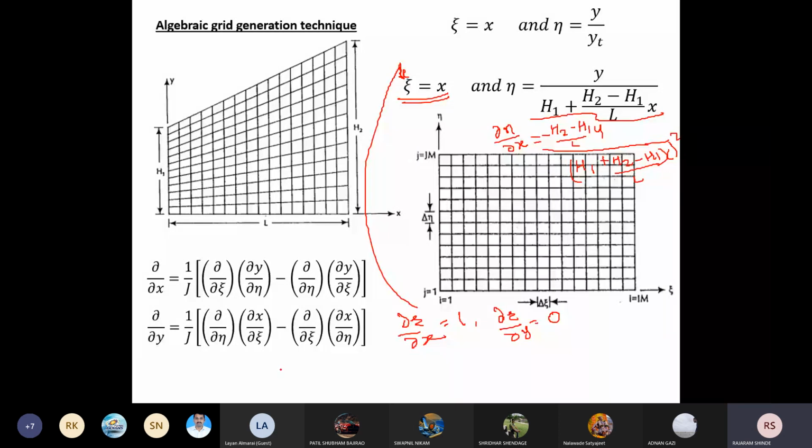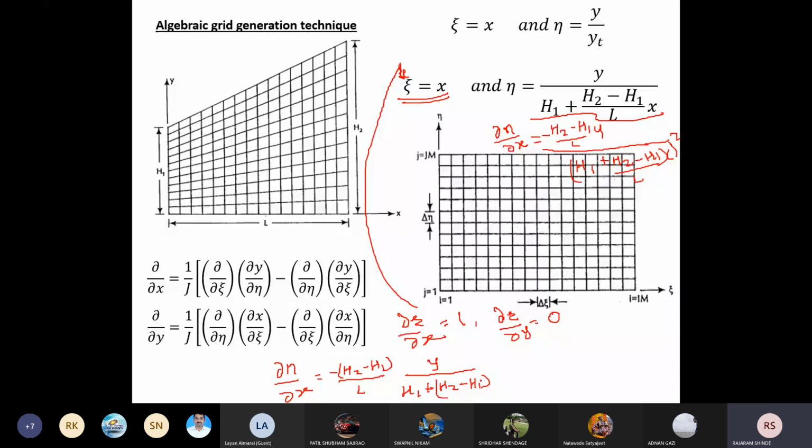Now you will get d eta by dx. I will take minus h2 minus h1 divided by L out, with one more term y here, and below this h1 plus h2 minus h1 into x, the whole squared.